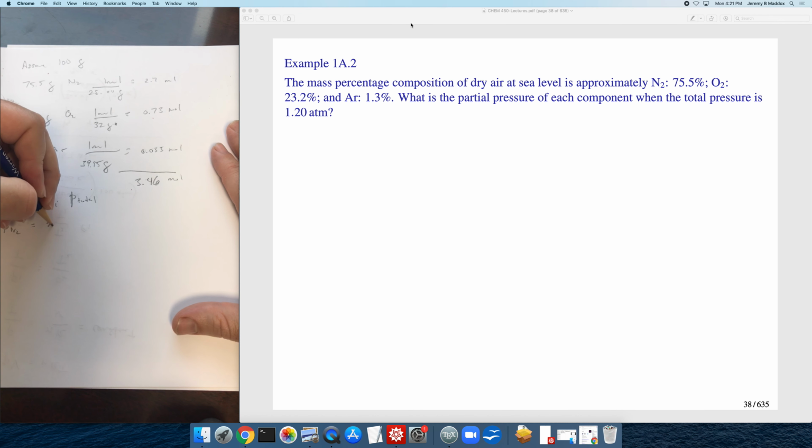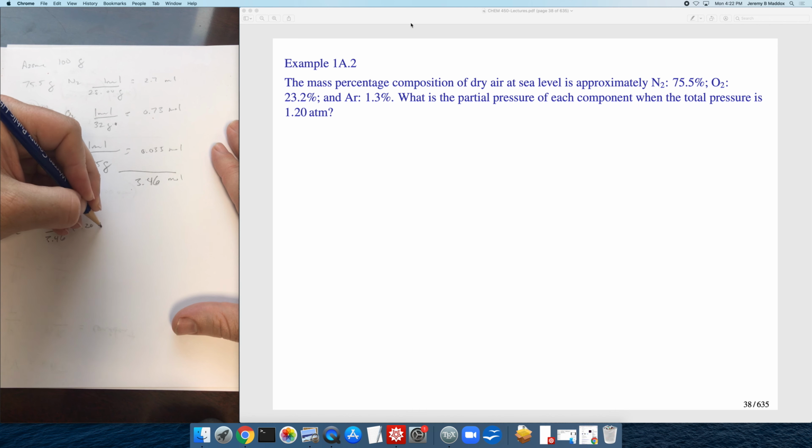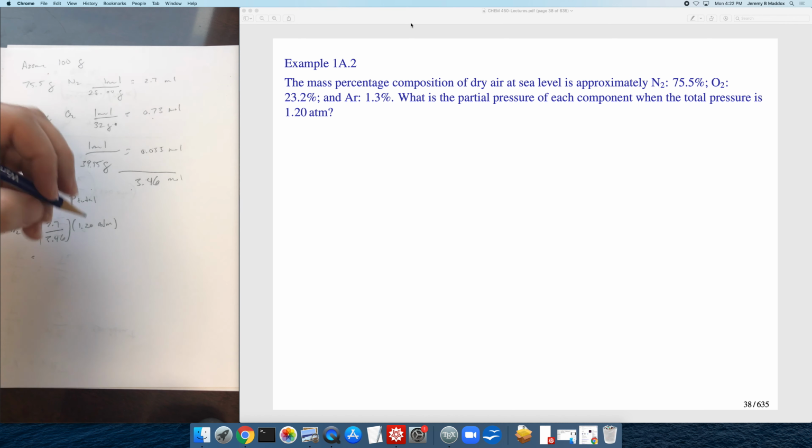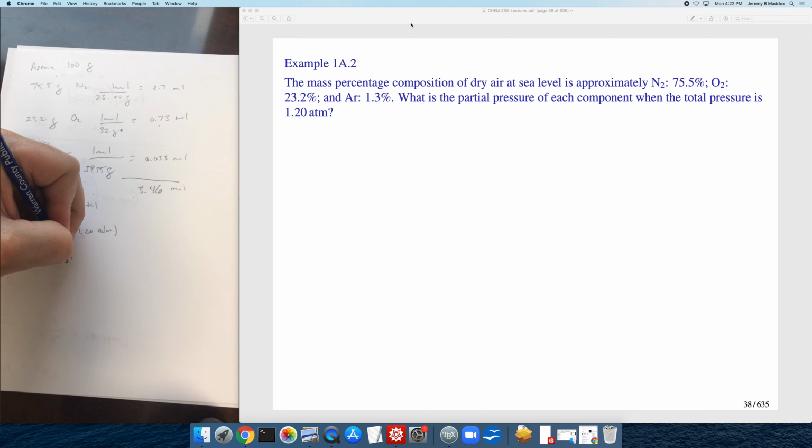That's going to be 2.7 divided by 3.46 times the 120 atm. And so I'm getting a partial pressure of 0.93 atm. I guess I should round up, 94 atm.